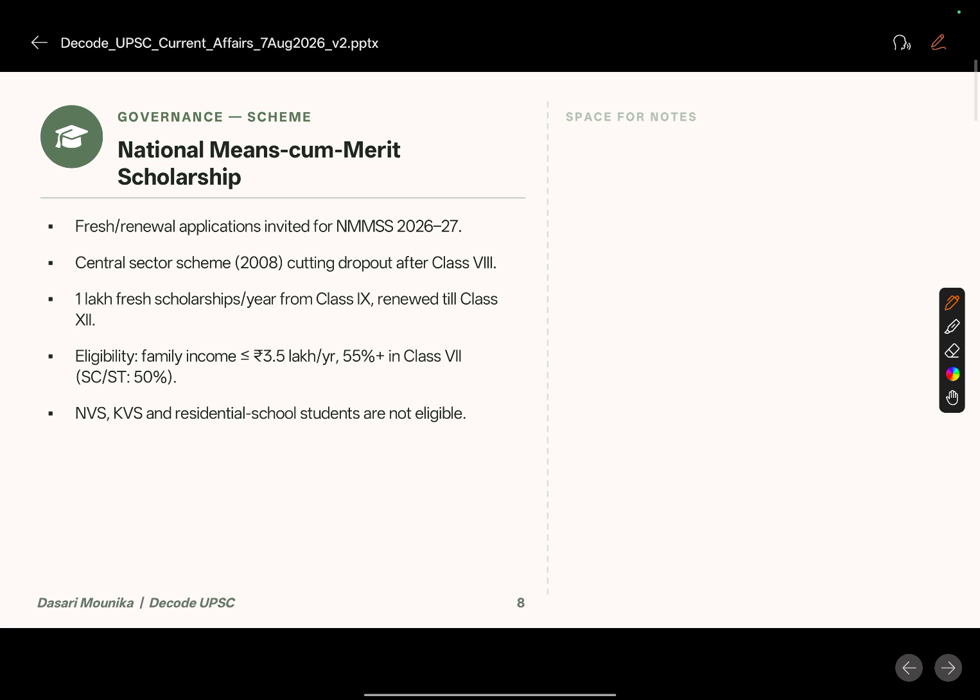Here the National Means-cum-Merit Scholarship is a central sector scheme, which means 100% of the funds for this scheme will be provided by the central government. For whom? For people who have dropped out after the 8th standard.